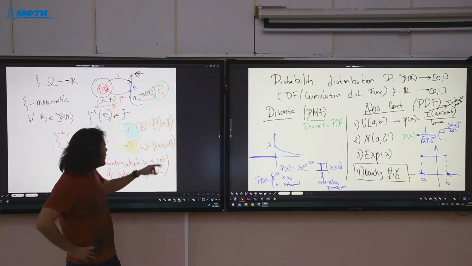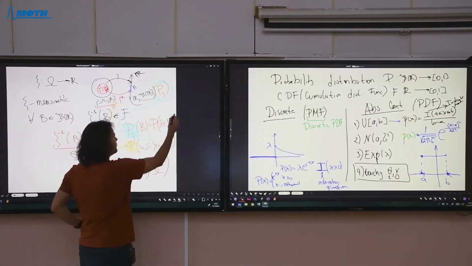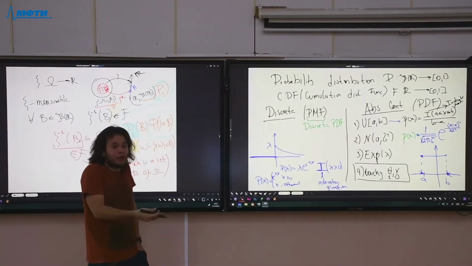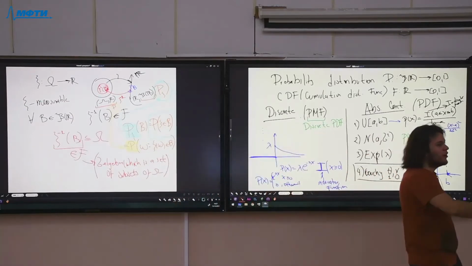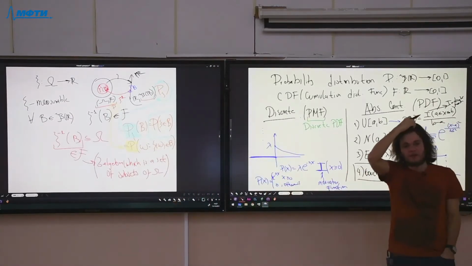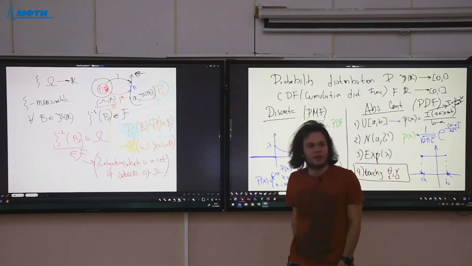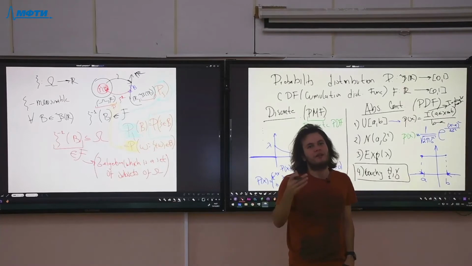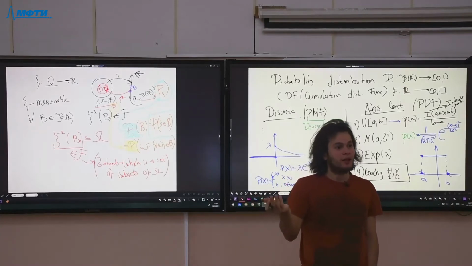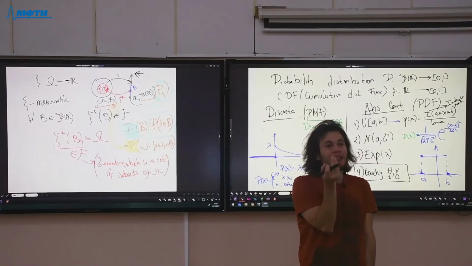It means the probability that xi belongs to this set B. So we have a random variable, a random number, and we ask, what is the probability that this number is between 5 and 10?